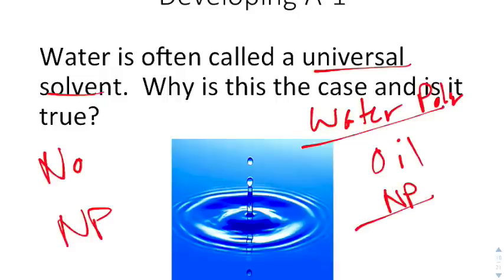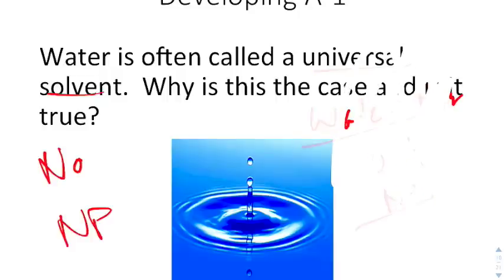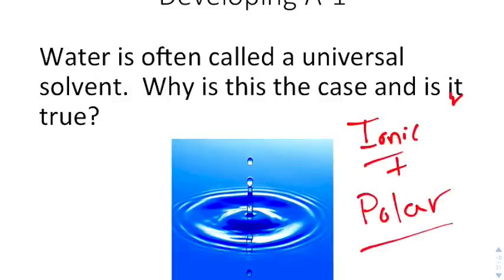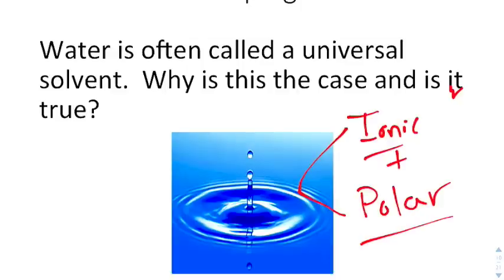It is generally called the universal solvent because it will dissolve both ionic and polar solutes, so it takes a lot. Water will dissolve most things, but it will not dissolve everything. So although it is a very good solvent, it is not a universal solvent.